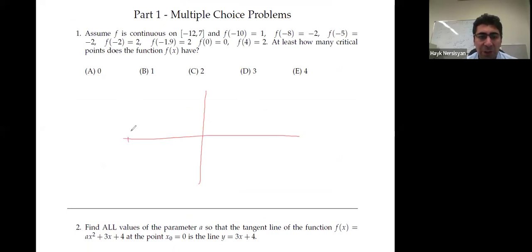So if this is -10, the value is 1. At -8, it decreases to -2. At -5, it is still -2.